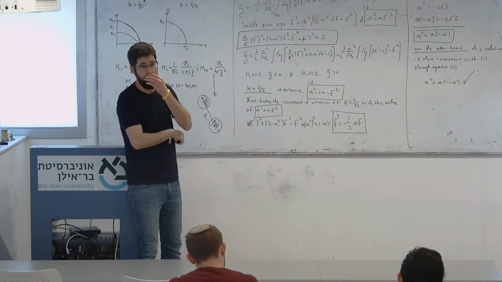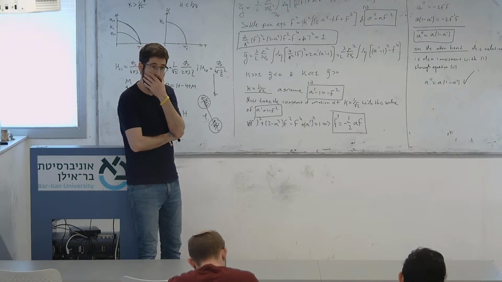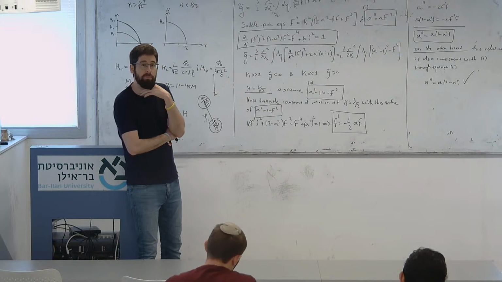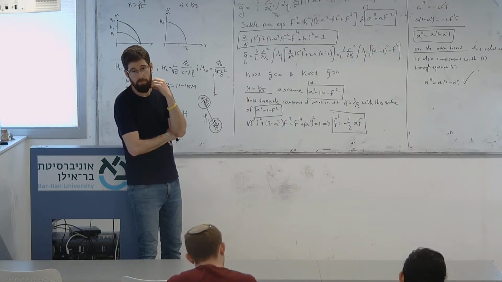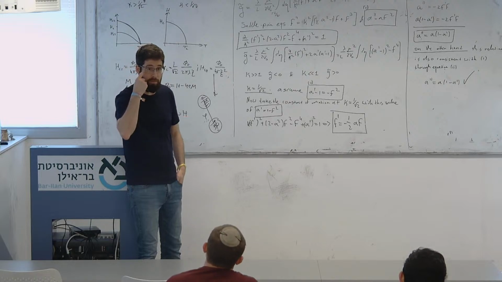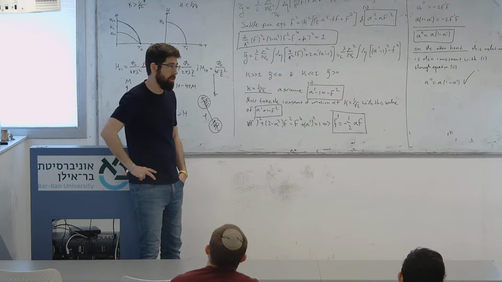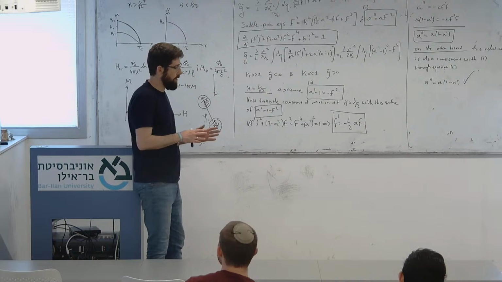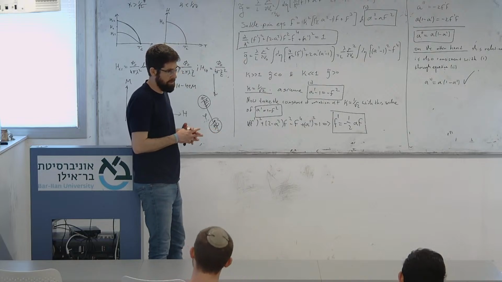Okay, so how does a type 2 superconductor remain superconducting even then? Because you broke time reversal symmetry. Yes. So the fact that you break time reversal symmetry, okay.